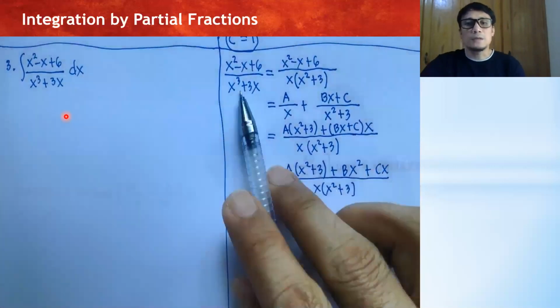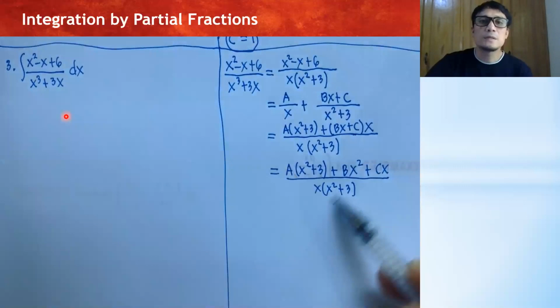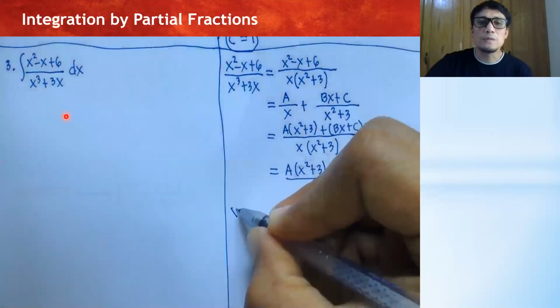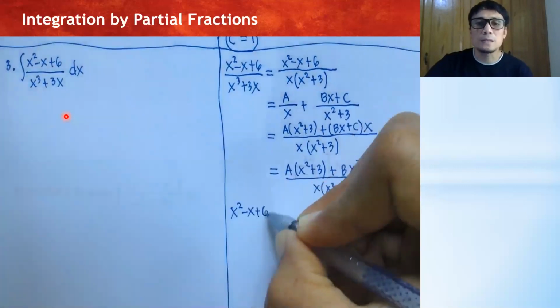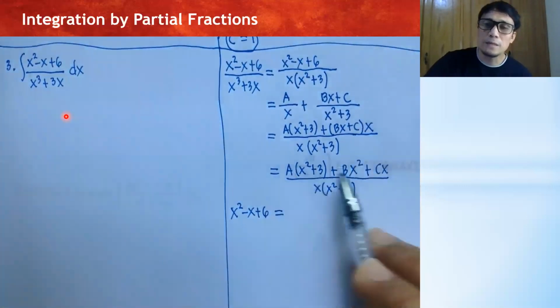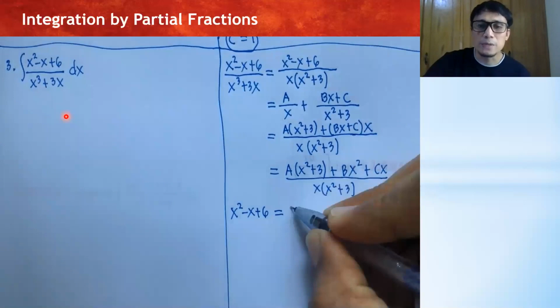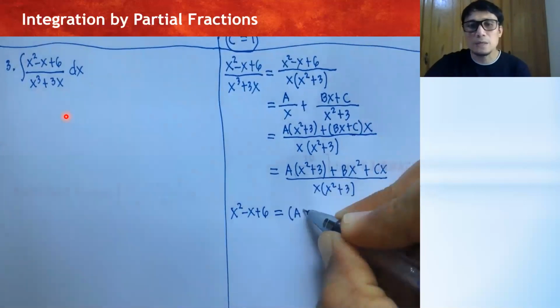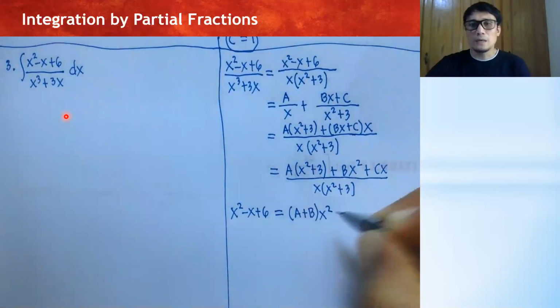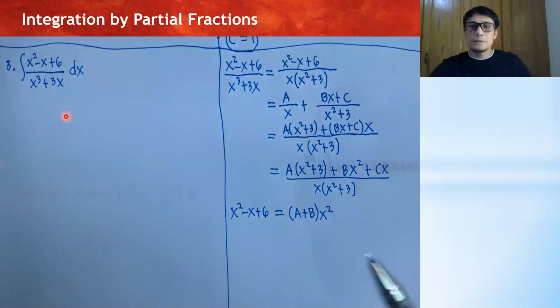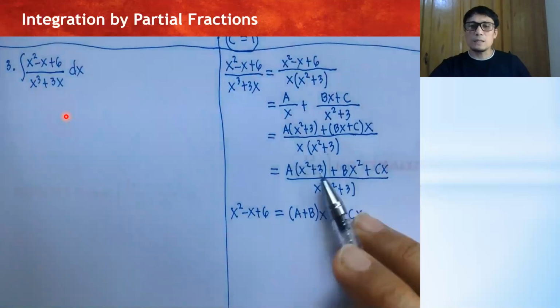Okay, you can actually cancel that, no? So you have x squared minus x plus 6 equals, you can write that as combining the like terms. So A plus B times x squared plus Cx, then plus the constant term, which is 3A, right?